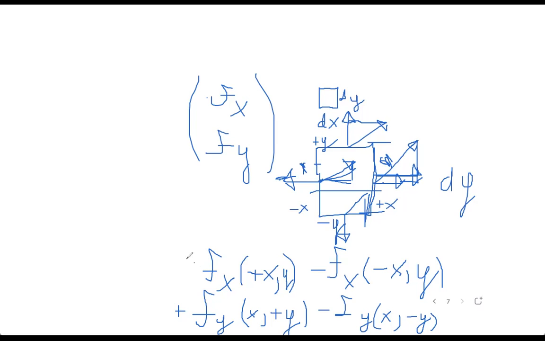But then what is this difference? Well, this is a really tiny square, and when I say really tiny, I mean differential. So this difference here can be written as fx at x plus dx, y, minus fx at x, y.